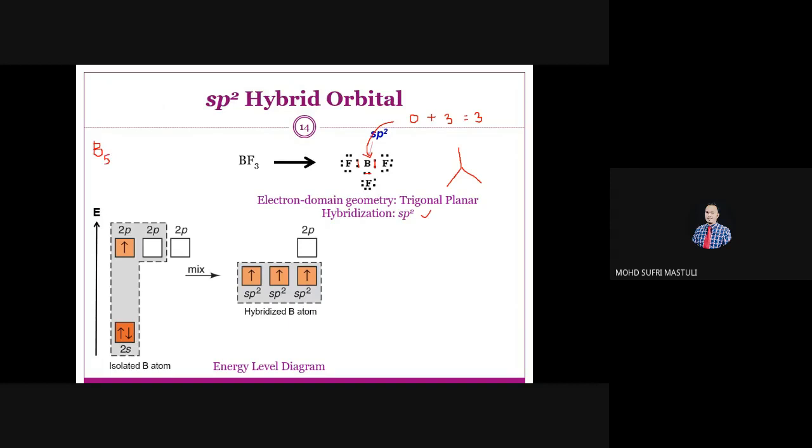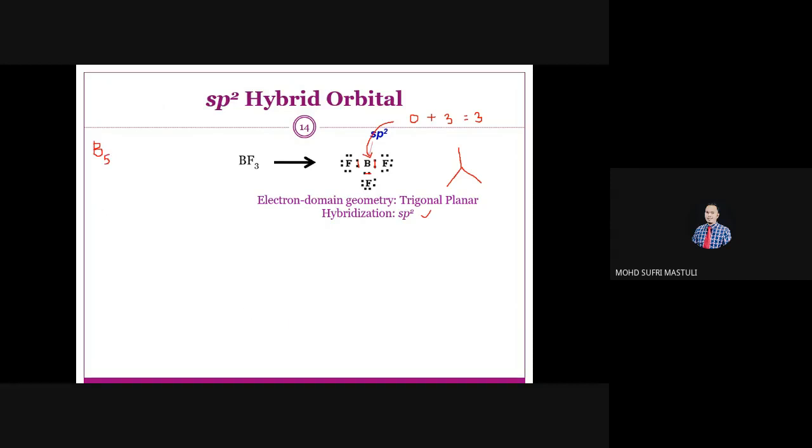The electronic configuration is 1s2, 2s2, and 2p1. So the atomic orbital gives 3 valence electrons: one electron shared with F, one with another F, and another with the third F.